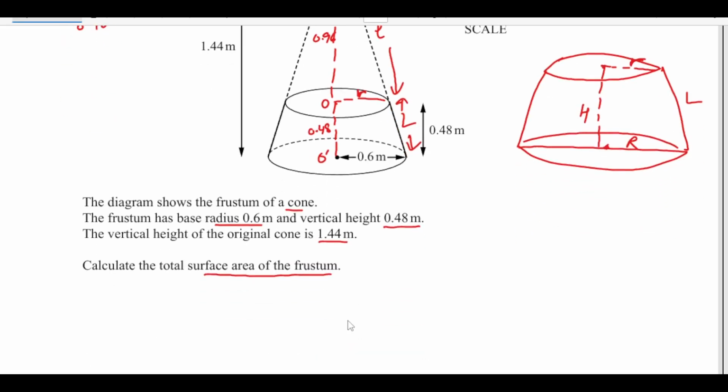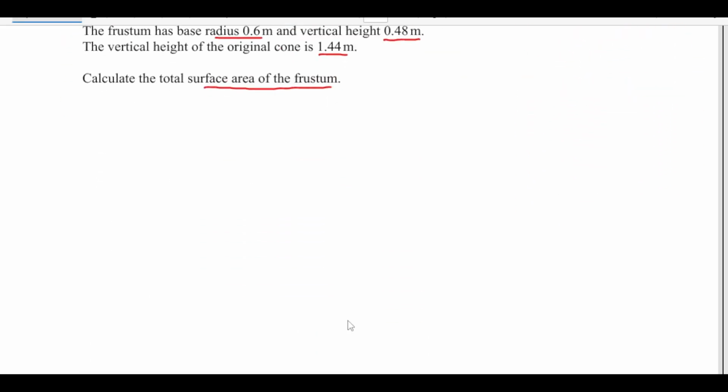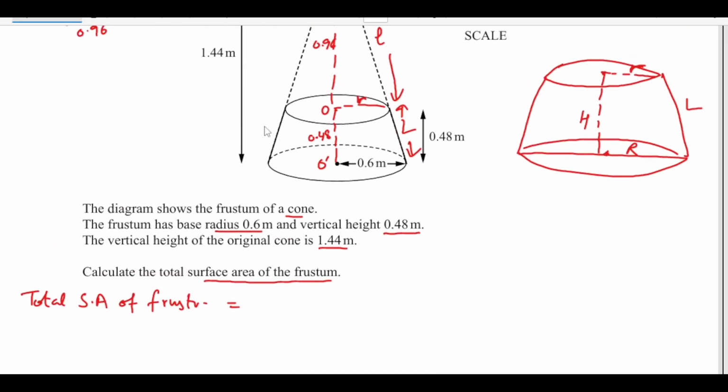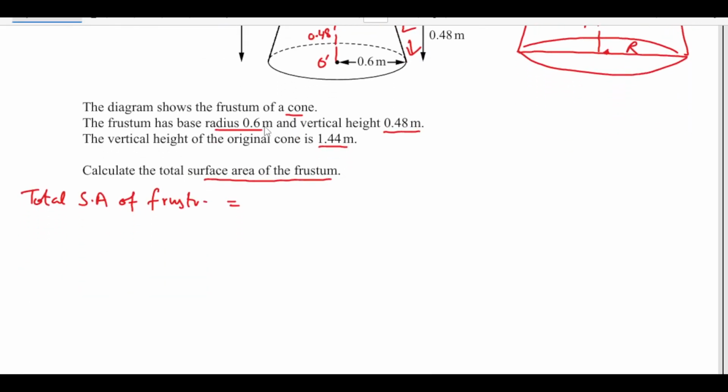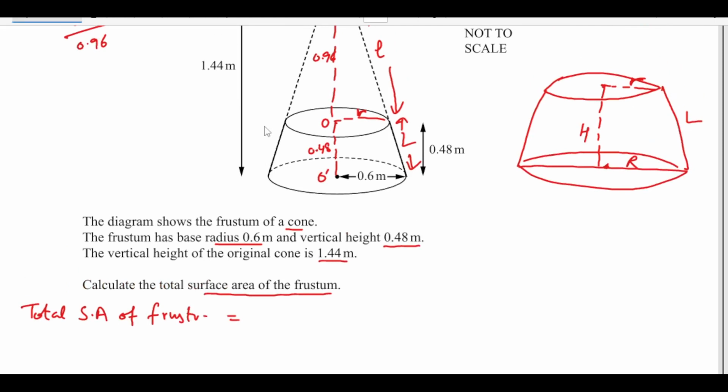So the total surface area of the frustum, we should have the area of this part here, the part that I have drawn, plus the area of this circular part and this circular part over here.